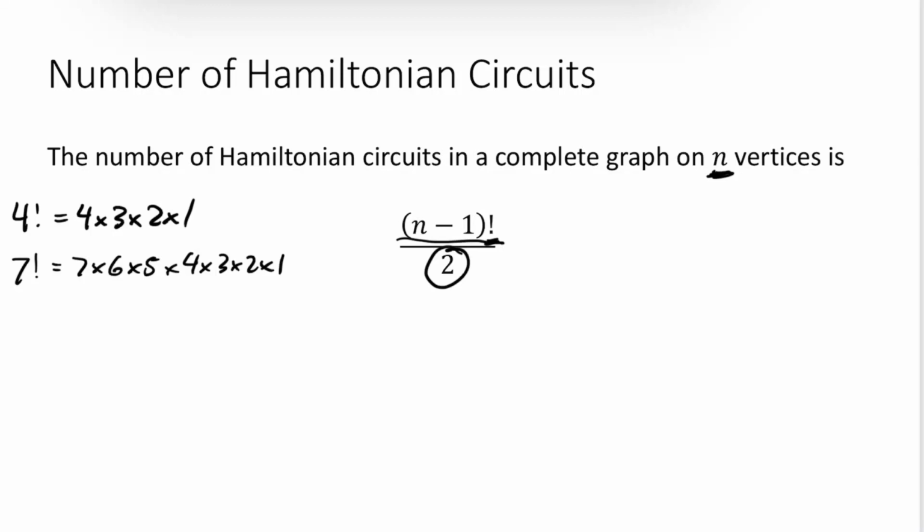So once you figure out how many branches are in your choice tree, which is the n minus 1 factorial, you want to divide by 2 because you don't want to double count the same circuit twice by counting it forwards and then counting it backwards. So that's the number of Hamiltonian circuits in a complete graph on n vertices.